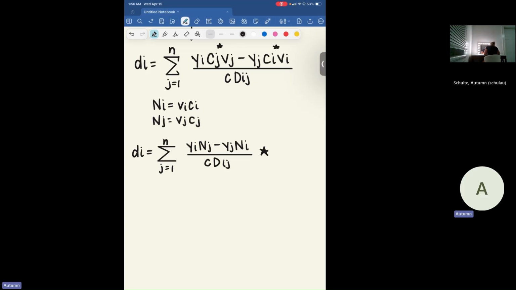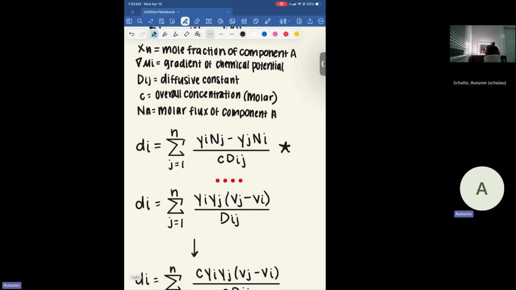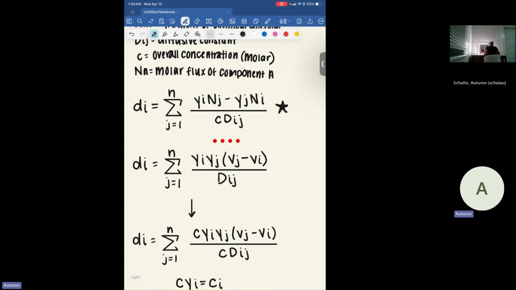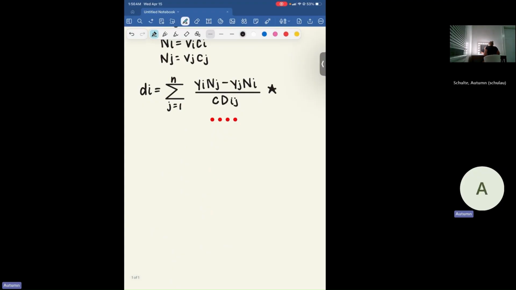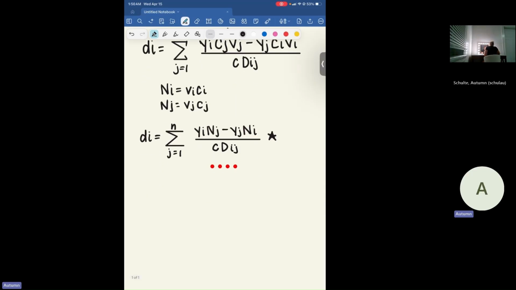This equation that we just derived here is the same as our equation up here. So perfect. We related our Stefan-Maxwell equation using velocity components to our Stefan-Maxwell equation using molar fluxes.